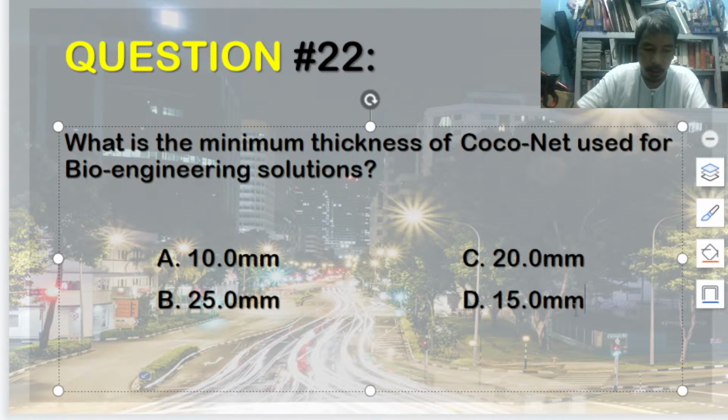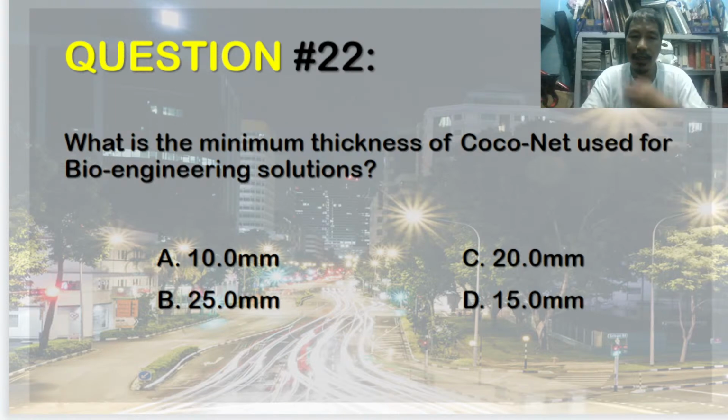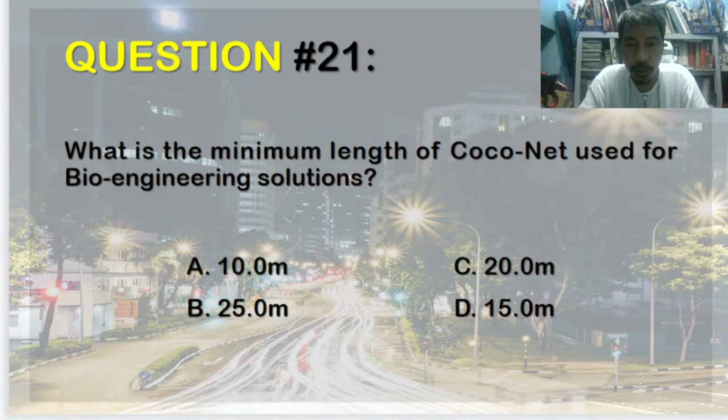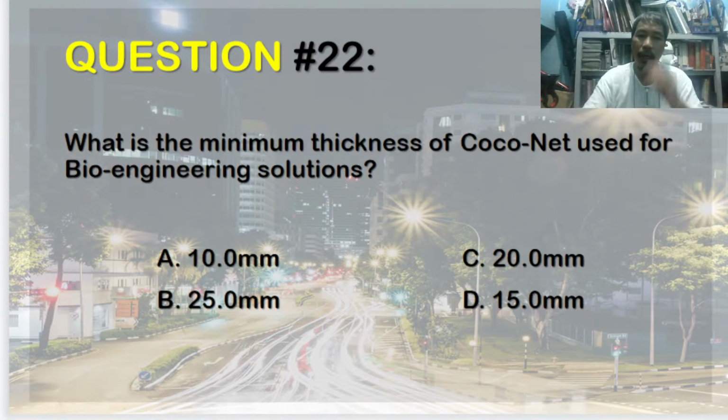We are looking for the minimum thickness. So number 21 is correct with correct choices, whereas minimum length. Length is in terms of meters, but thickness in terms of millimeters. So that is the fourth one.